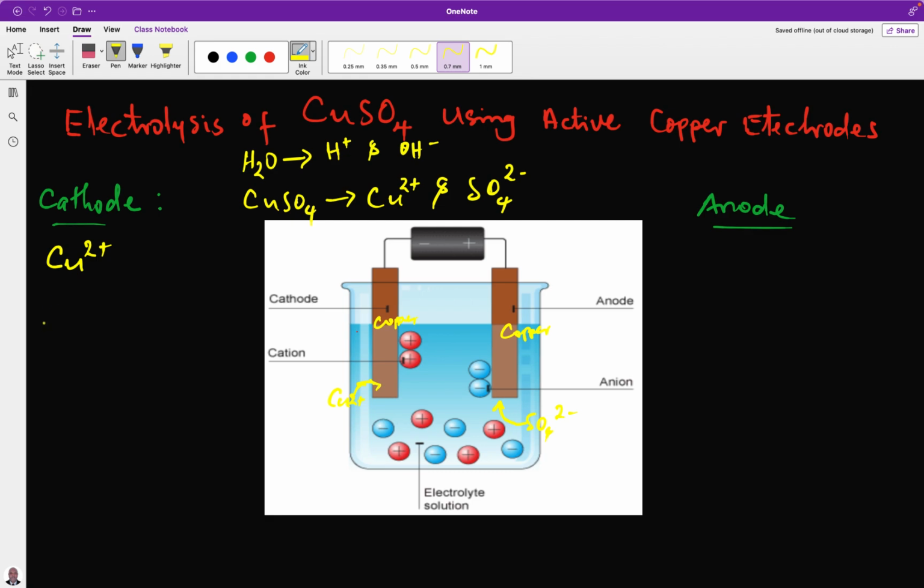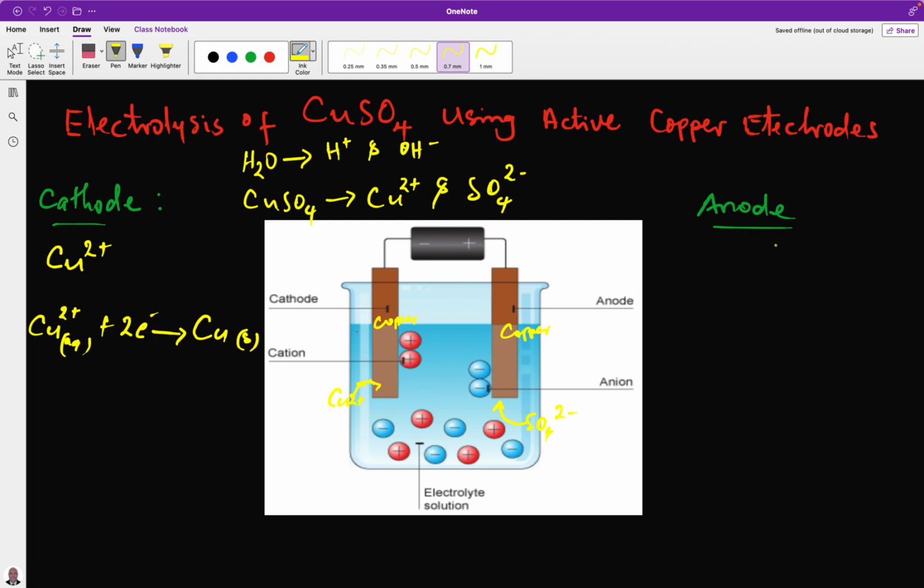Copper aqueous plus 2 electrons gives copper solid. This is what is happening at the cathode. The copper ion will gain electrons to be deposited as the copper metal at the cathode.